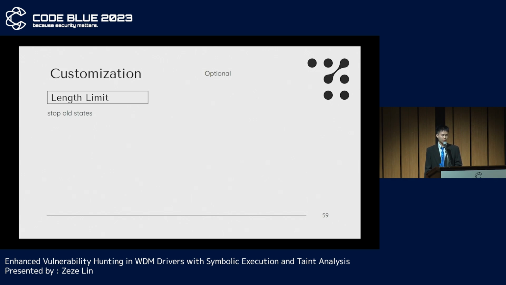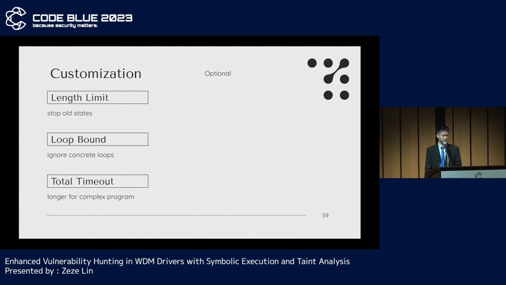IOCTLance implements some optional customizations to overcome case-by-case issues. For example, it can set a length limit to stop all states in the symbolic engine, or we can set a loop bound to ignore the concrete loops encountered in a program.